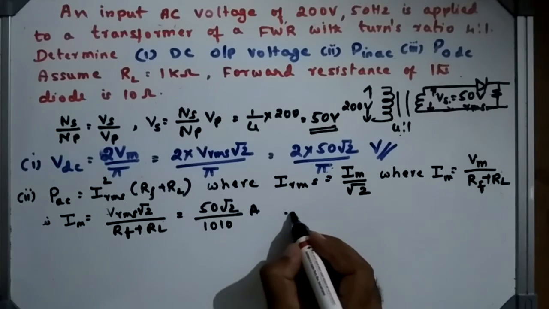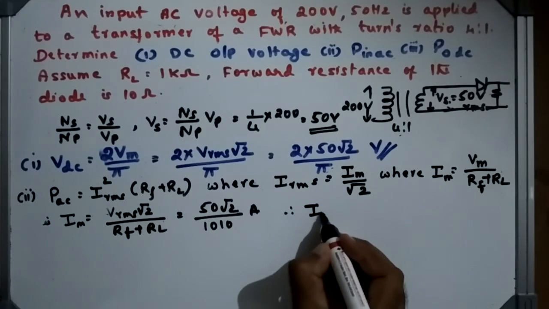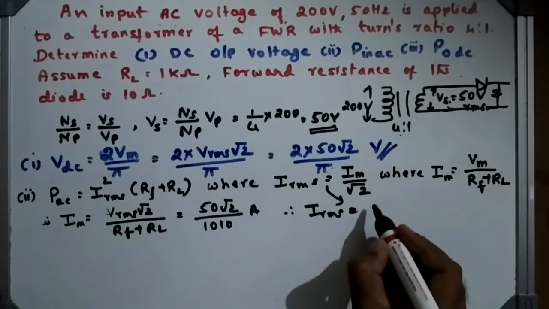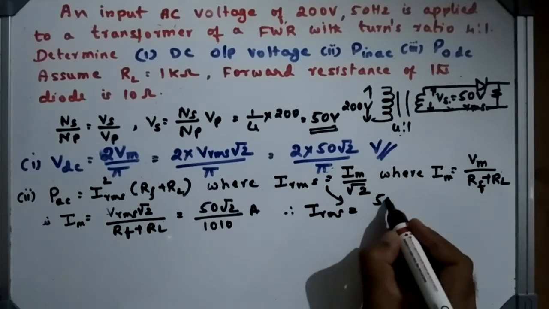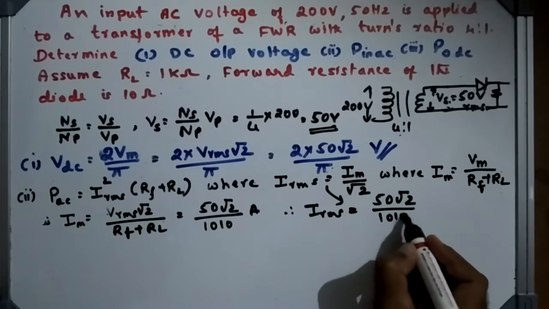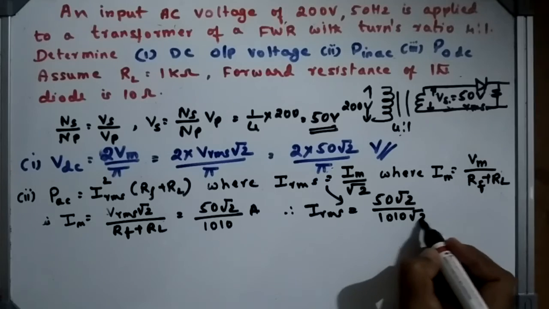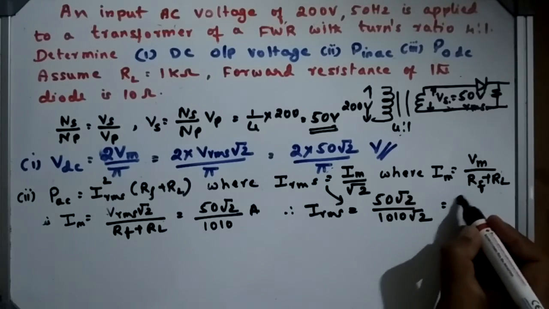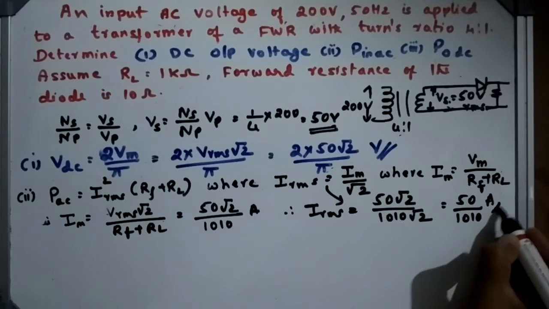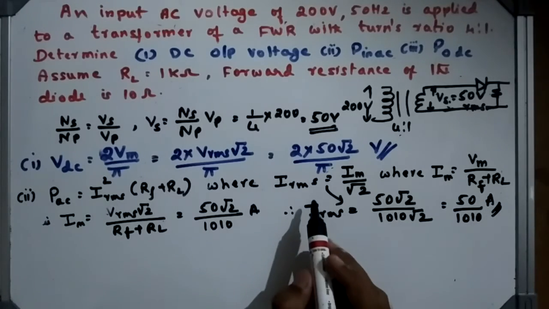Therefore IRMS, here you substitute, Im is this much, that is equal to 50 root 2 divided by 1010 into root 2. So this is equal to 50 divided by 1010 ampere. This is IRMS.